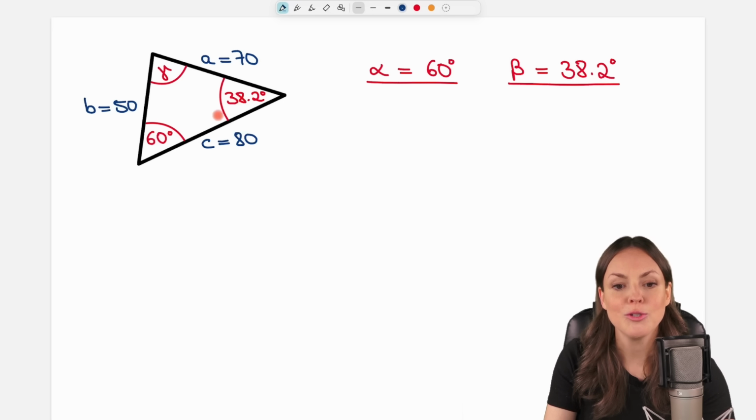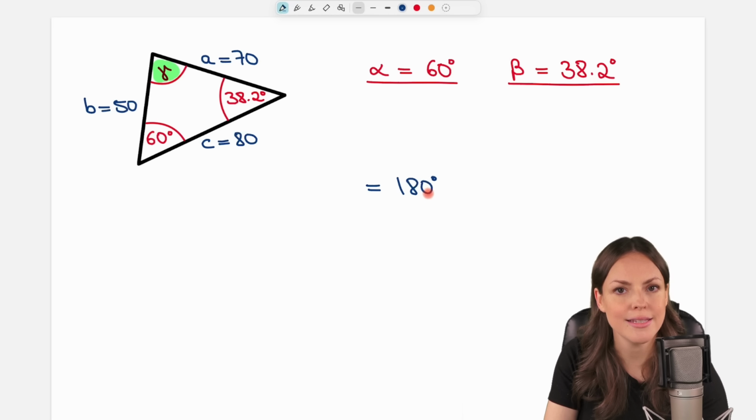Now we found two angles, just one is missing. How can we find gamma now? Because we already have two angles in our triangle, we can easily find the third angle now, because all three angles together in a triangle always have to be equal to 180 degrees.